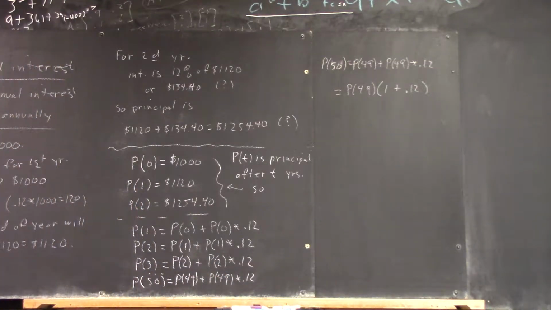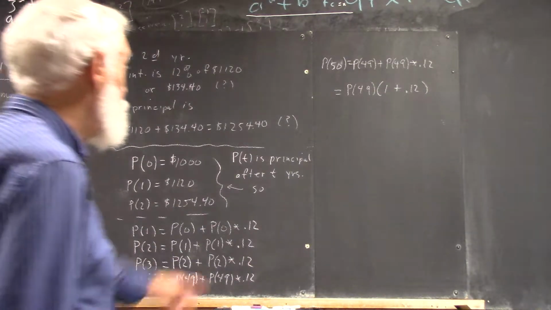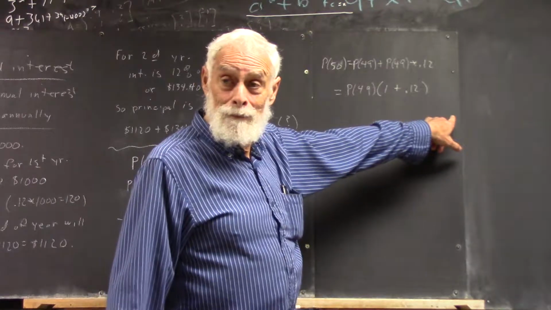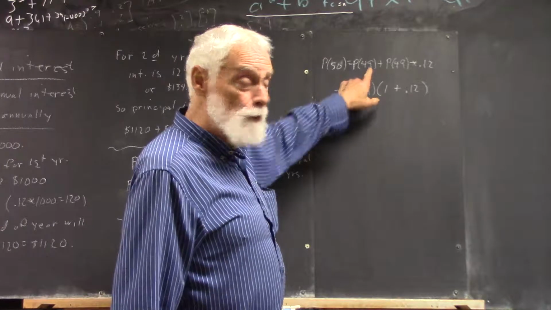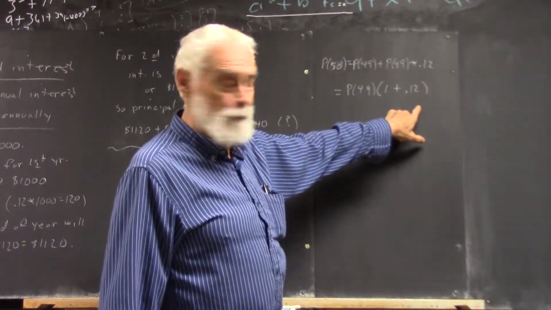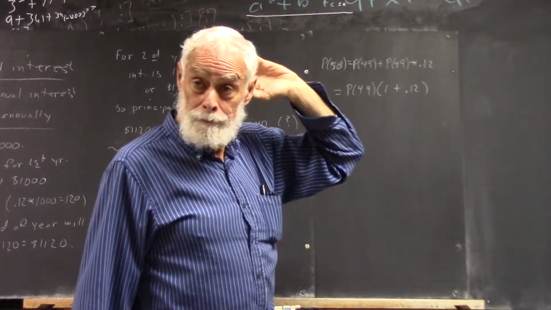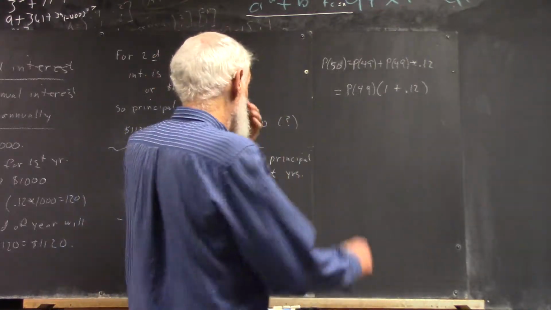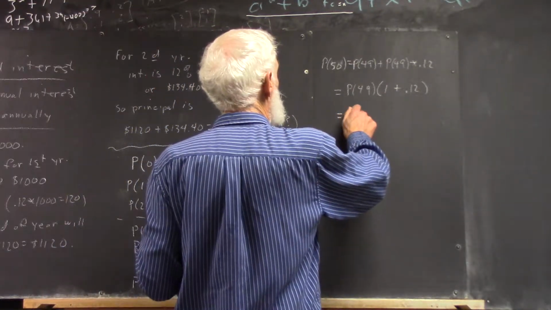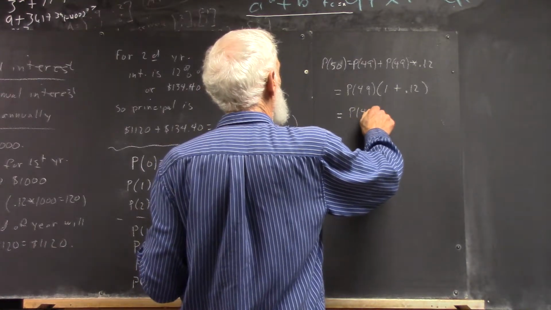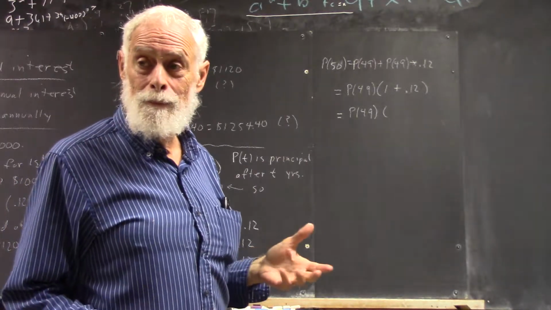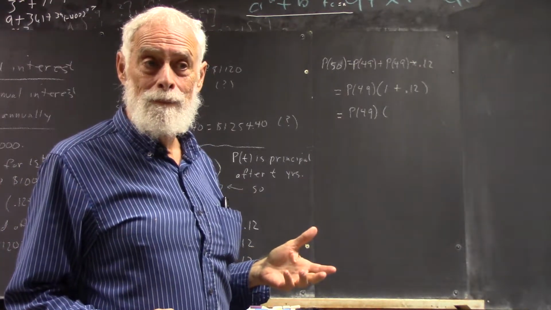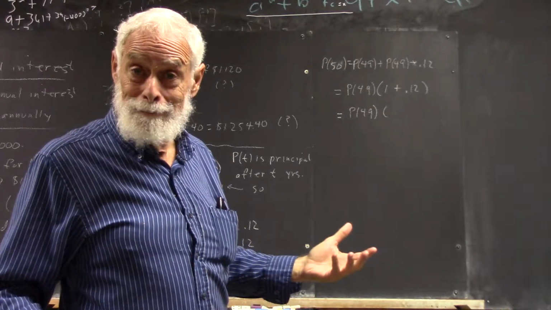Now, how would you verify that that's true? Distributive law. You'd multiply this out by the distributive law. What's P of 49 times 1? P of 49. What's P of 49 times 0.12? That's P of 49 times 0.12. So this equals, of course, what's 1 plus 0.12? 1.12, isn't it?